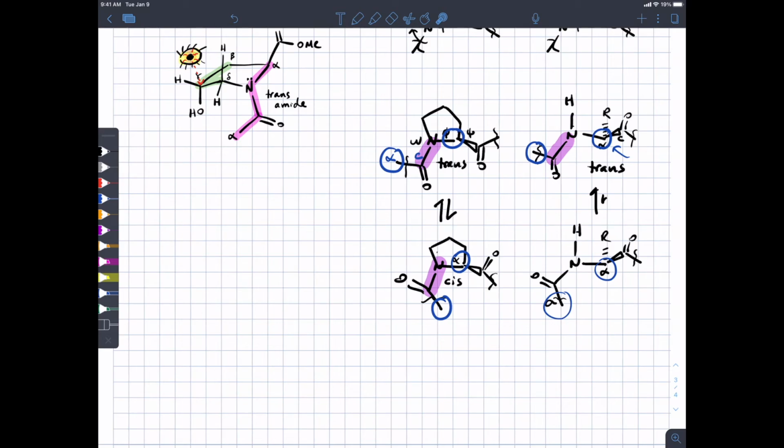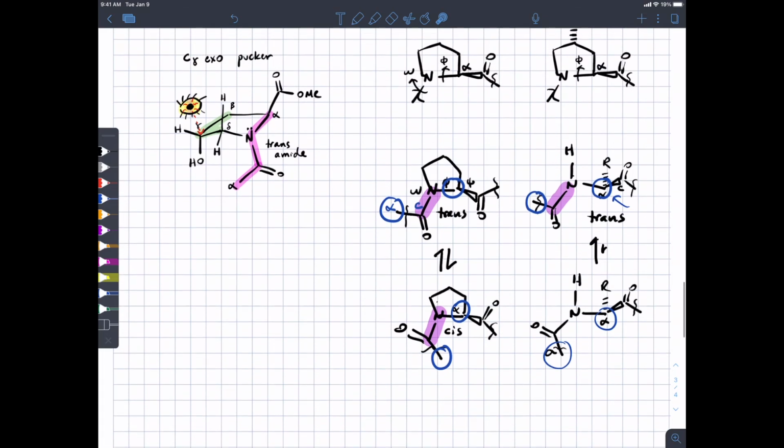All right. And it turns out that one of these two conformations is better for collagen structure than the other is. Turns out that for proline, if you have it in the trans conformation, that's best for fitting into collagen.